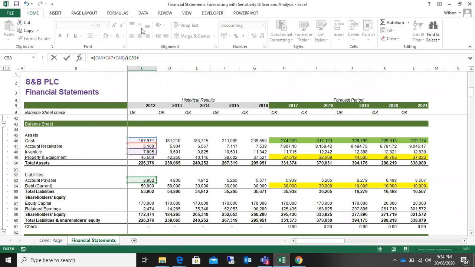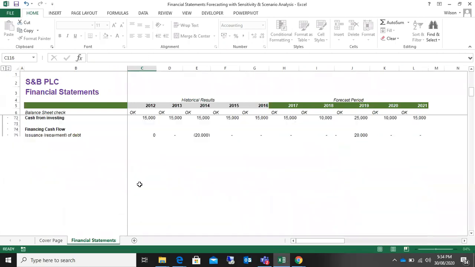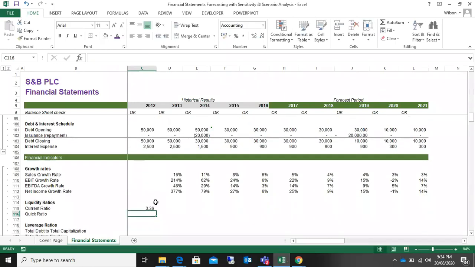So what we'll do here now is to pick debt, which is also current. I think that's all, we don't have any other thing to pick, so I can press enter. You see that this is 3.36.